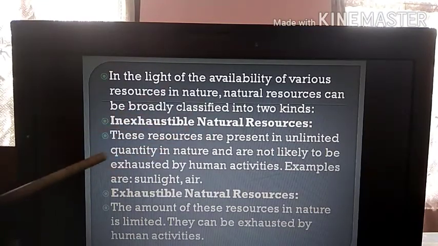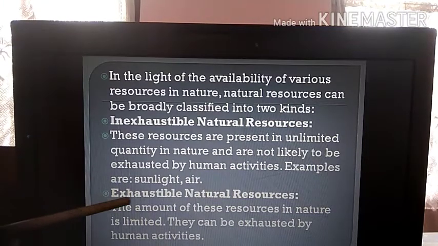These resources are present in unlimited quantity in nature and are not likely to be exhausted by human activities, for example sunlight and air. Sunlight or air is never going to be exhausted. It is always there. We can utilize it as much as we want and it will never be finished.